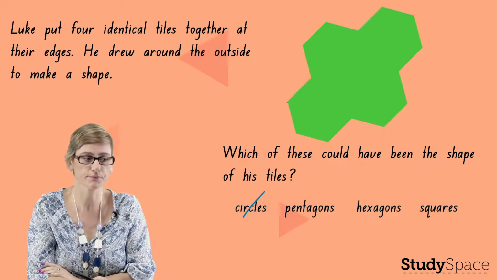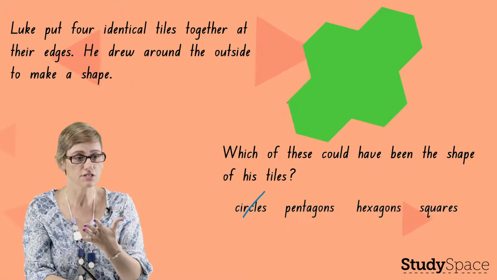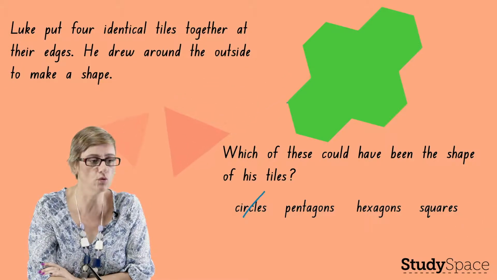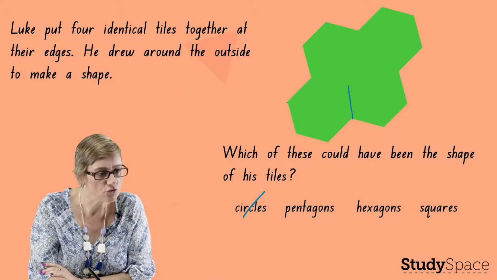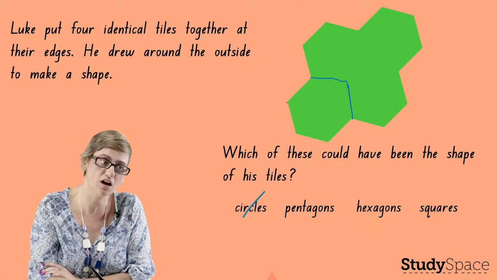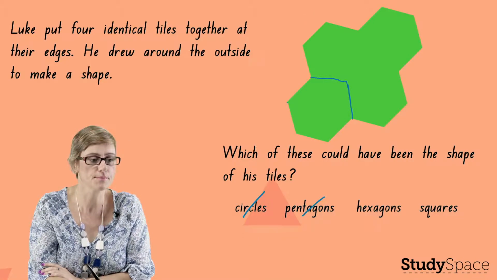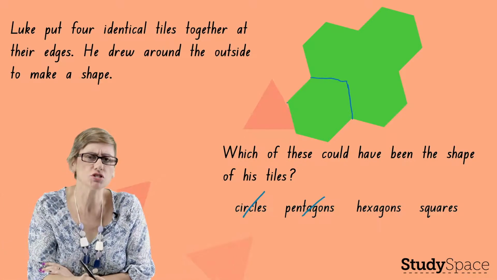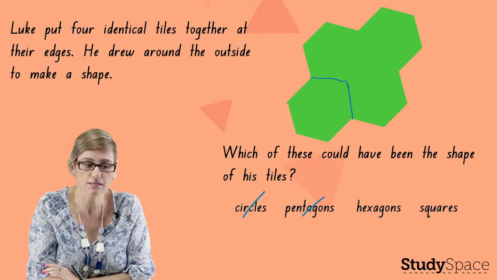So that goes. A pentagon has 5 sides. So let's have a look. So this shape has 1, 2, 3, 4. So this has 4 shapes. And it looks like if I draw 2 shapes to match this side, so it's not a pentagon, so it's got 6 sides. I'm thinking it's a hexagon, but let's just check the last answer. The last answer is squares.